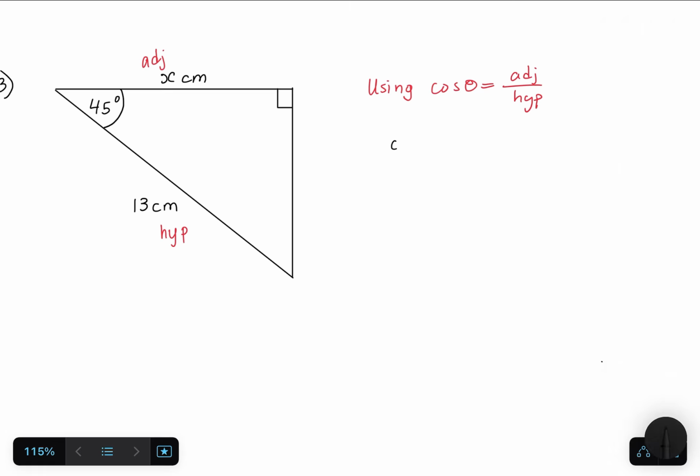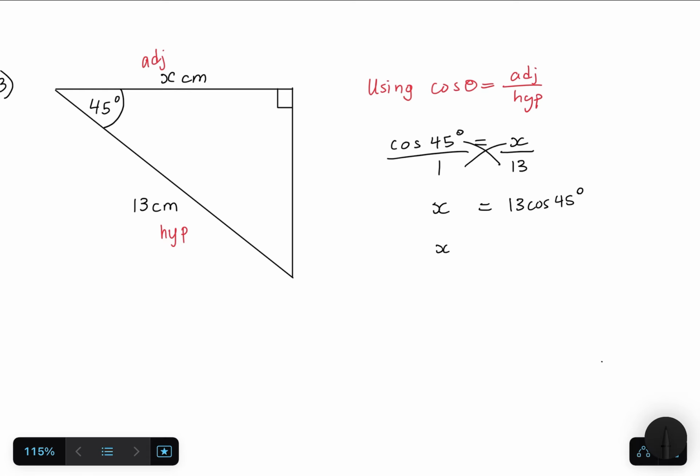So my angle of interest here is 45 degrees. So cos of 45 degrees is the adjacent, that's x, over the hypotenuse, which is 13. I'm going to put this over 1 and cross multiply. So x times 1 is x, and 13 times cos 45 will be 13 cos 45 degrees.